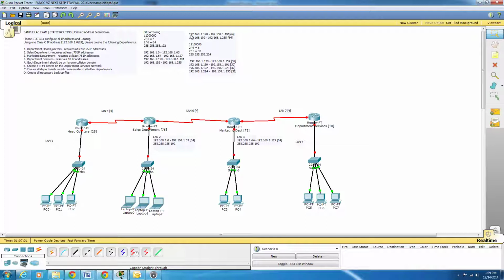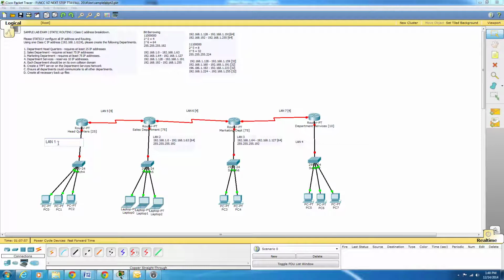Okay, so we took these two 64 blocks of IP addresses and turned them into 4 blocks of 32 IP addresses each. And what we're going to try to do for this particular set of 32 is to use this first range of IP addresses for LAN 1.